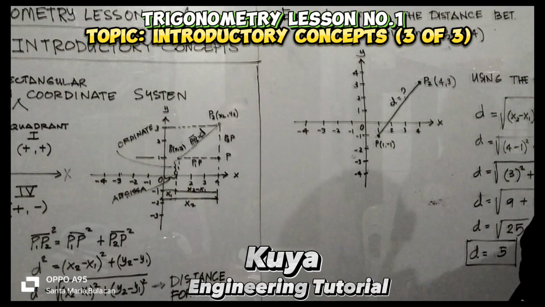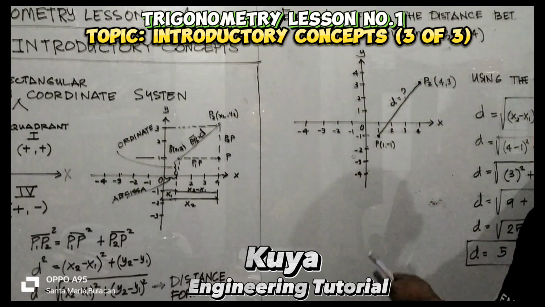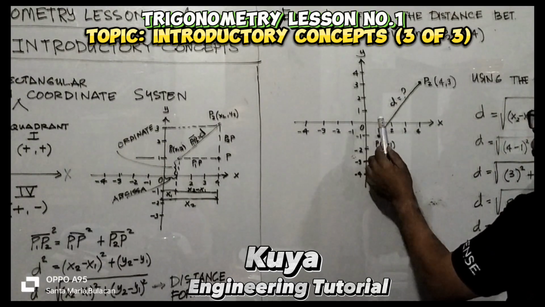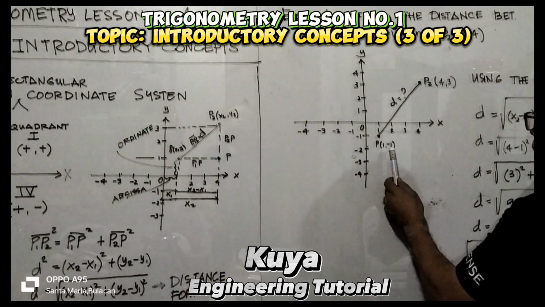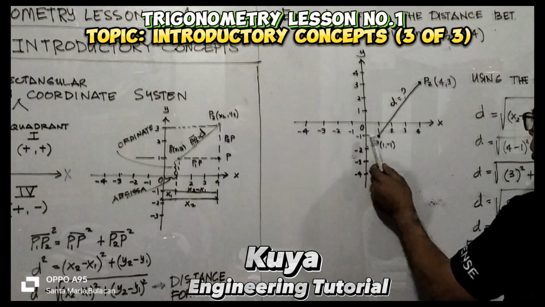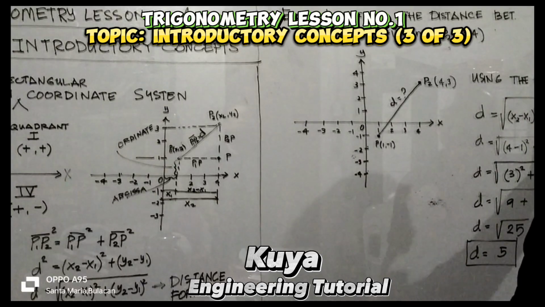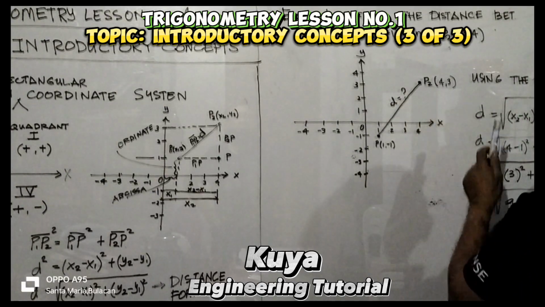Okay, so plotting in the Cartesian system, we have P1, so this is positive 1 ang ating x and negative 1 ang ating y. So it falls on at this point. Then, we have P2 which is 4 and 3.